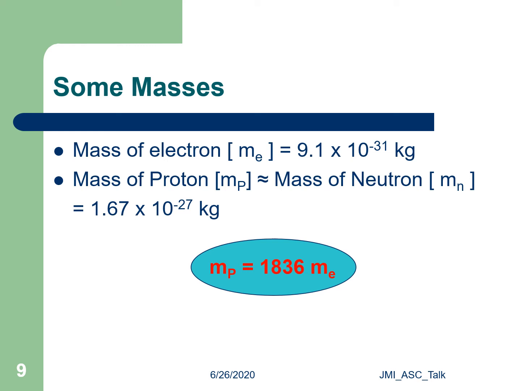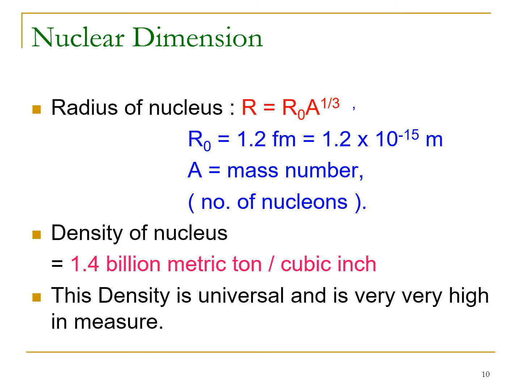This is evident from the relation that the mass of a proton is 1836 times that of an electron. So electrons carry a very negligible part of the mass of the whole atom, and most of the mass is concentrated inside the nucleus.